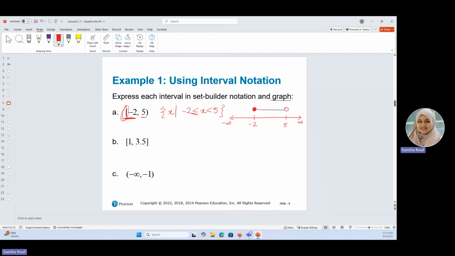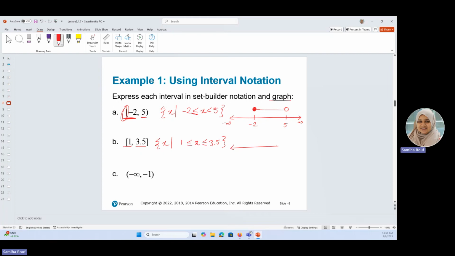All right. Next, we're between 1 and 3.5. Okay, so x is any number between 1 and 3.5. Both of them have the square bracket, so I'm going to include them, which means I'd have less than or equal to, less than or equal to.